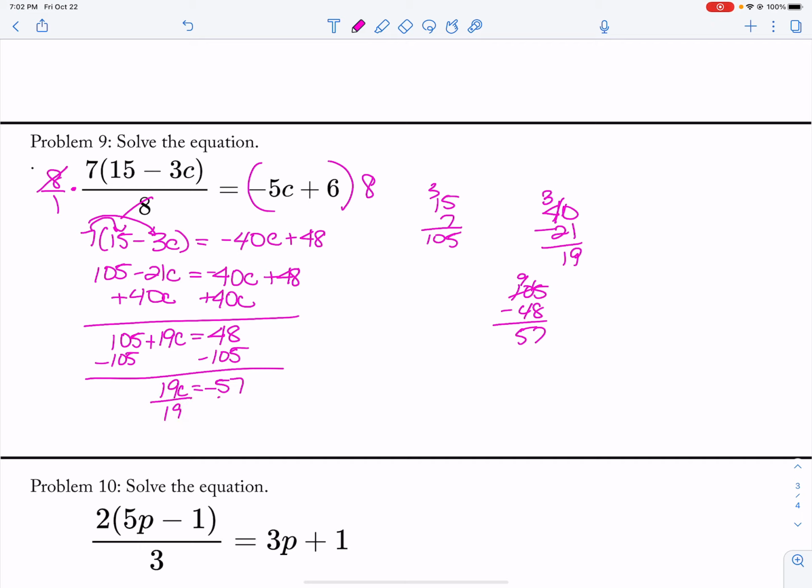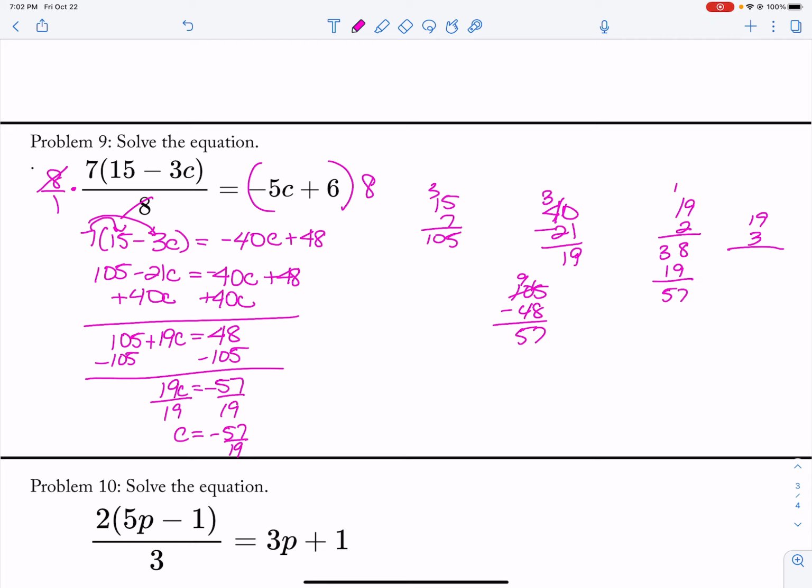So divide both sides by 19, and I get c is equal to negative 57 over 19. You guys know that 19 is a prime number, but you don't know whether or not 19 divides 57 evenly. So what I would do is say, okay, 19 times 2 is 38. Add another 19 would be the same thing as taking 19 times 3, and if I add another 19, that gives me 57.